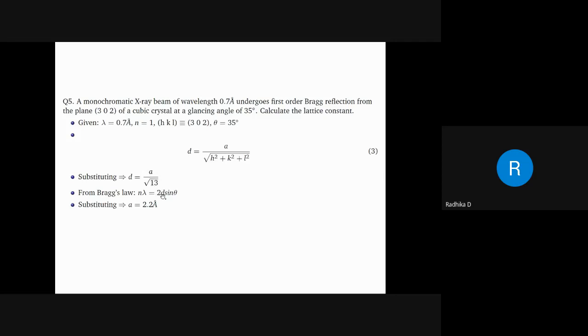So it will be n lambda is equal to 2a by square root of 13 into sine theta. Substitute all your other values, lambda, n, theta, and you will get the value of a as 2.2 angstrom. Can do the calculations later. As of now, just understand how to do it.